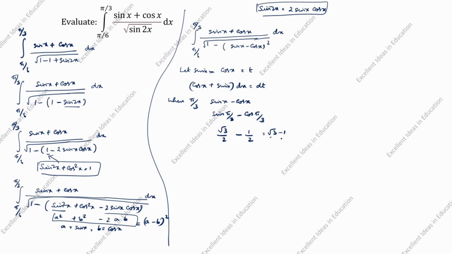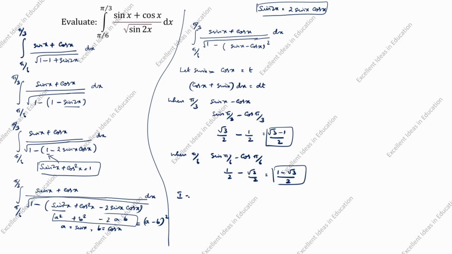Root 3 minus 1 divided by 2. This is the upper limit. Next, we will take when x is pi by 6, sin pi by 6 minus cos pi by 6. Sin pi by 6 is 1 by 2, minus cos pi by 6 is root 3 by 2. This one we will write as 1 minus root 3 divided by 2.